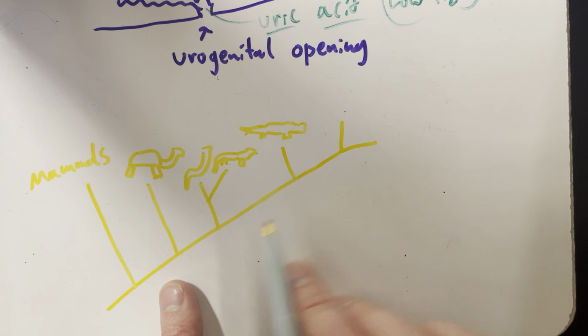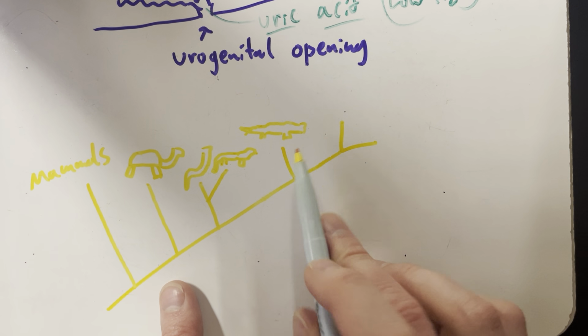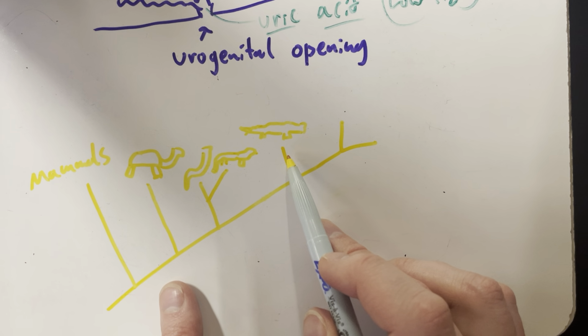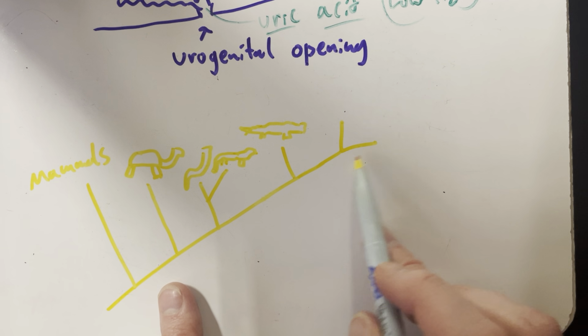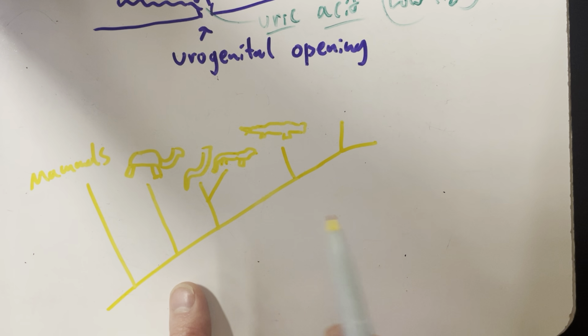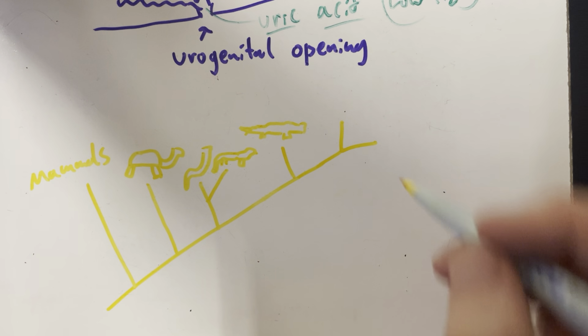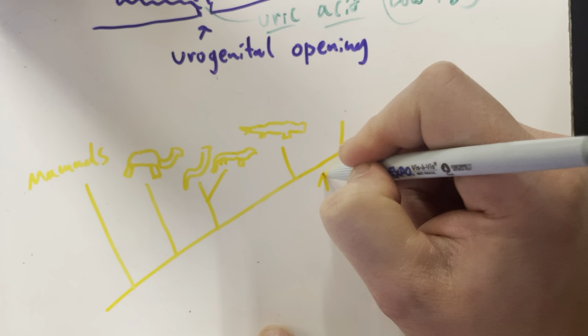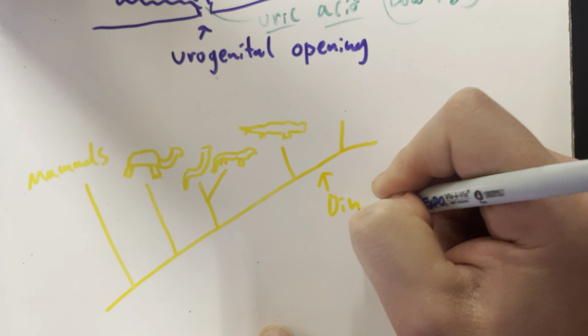They're a paraphyletic group because they have all of these branches, but crocodiles, for example, are going to be more closely related to these guys over here than they will to lizards and snakes, right? So therefore, they're not monophyletic. In fact, this branch here is the dinosaur branch.